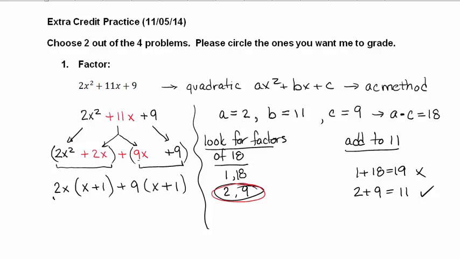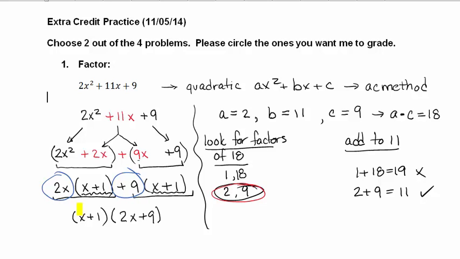And that's a good thing, right? Because I want to see that in these two parts of my polynomial, I have something in common. This x plus 1 had better be in common, otherwise I'm kind of stuck. So I have an x plus 1, and that leaves me with a 2x plus 9. So my second factor in here is just 2x plus 9. Okay, so that's my answer right there.